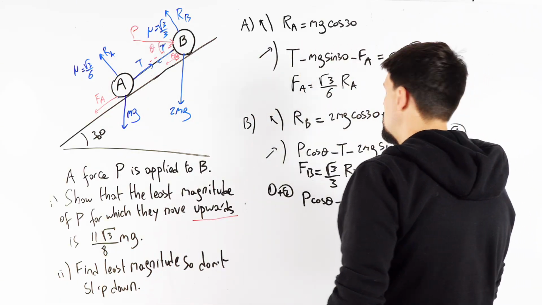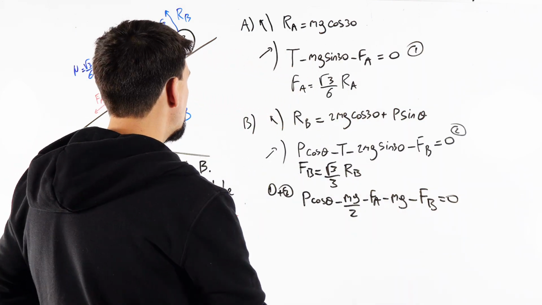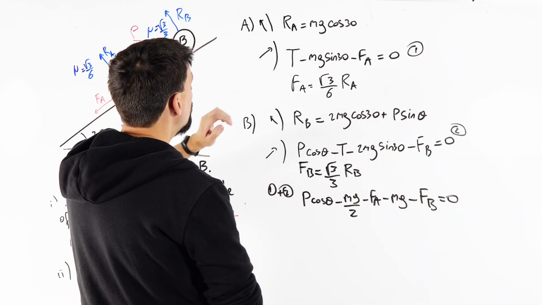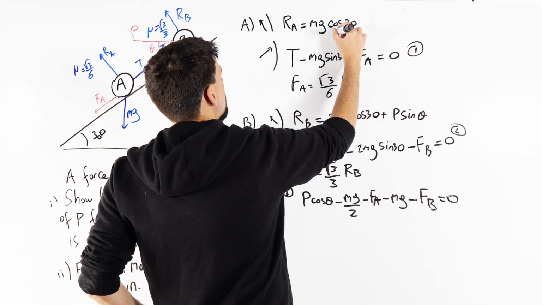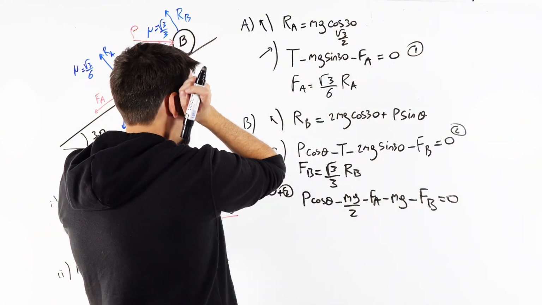All right, the T's essentially cancel out. So that's already a good start. Now FA we can find quite easily by doing this. Now cos 30 is of course root 3 over 2, which is why we've got that root 3 in there, I assume.